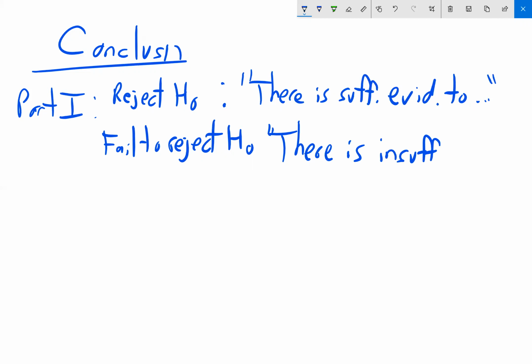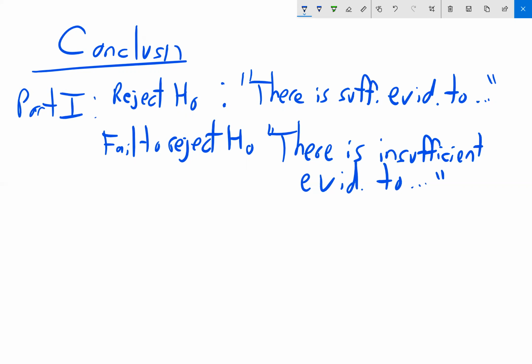So insufficient means that there is not enough. So that's how the first part of your conclusion sentence will always go. And again, it depends upon what decision we ultimately make. When we reject the null, the conclusion sentence will start with, there is sufficient evidence to. And if the conclusion was to fail to reject the null, then the beginning of the sentence would be, there is insufficient evidence to.